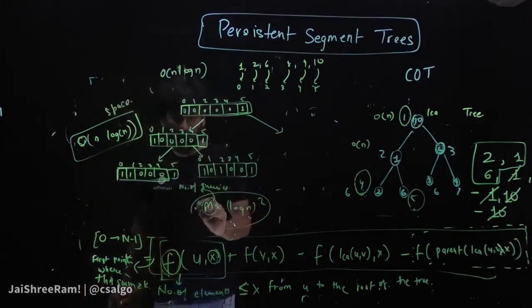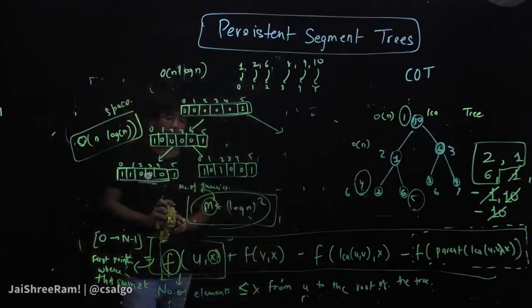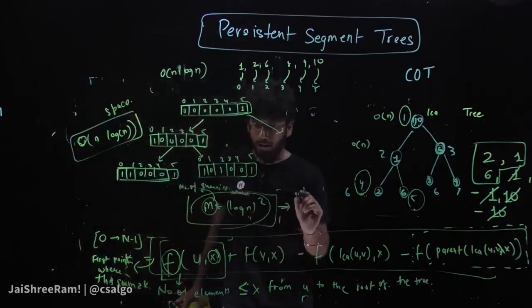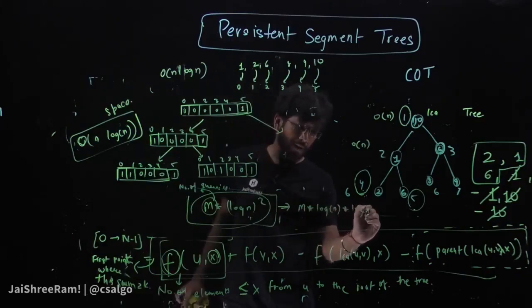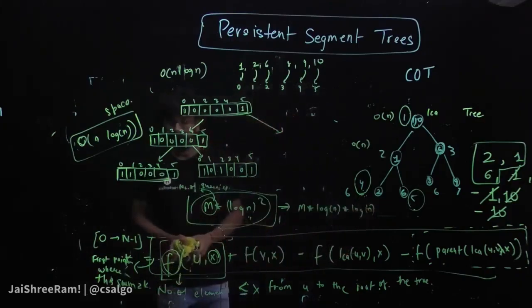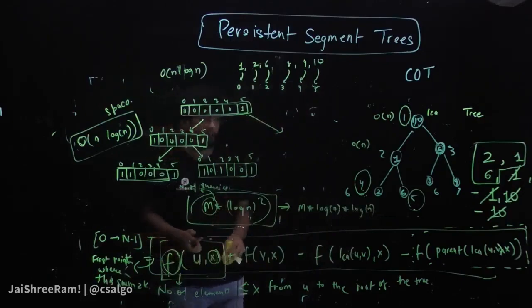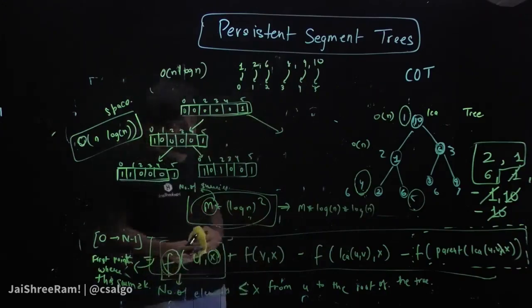But do we actually need a binary search over here? The time over here is log n into log n, which comes from the binary search part. I somehow want to reduce this binary search part. So how can we do things better?